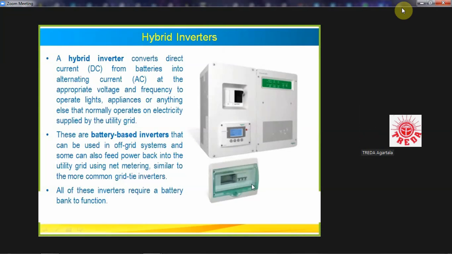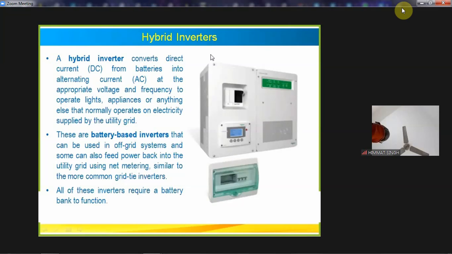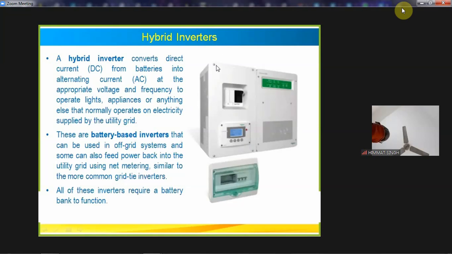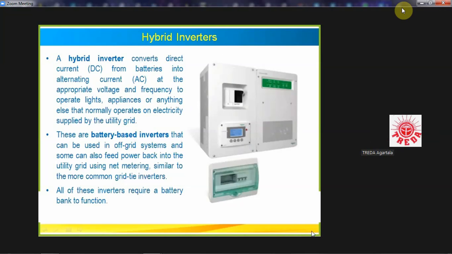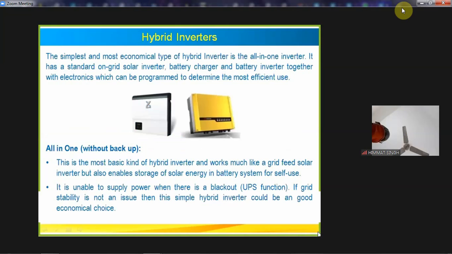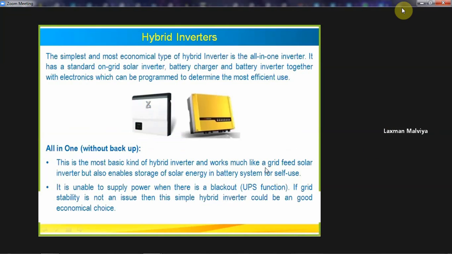In the hybrid inverter technology, there are multiple inputs in the inverter so that the DC power from several sources can be stored in the battery, and from the battery the inverter can convert the power. This is the hybrid inverter.